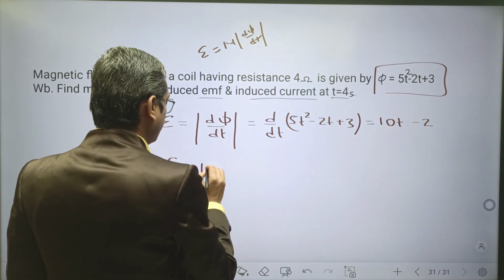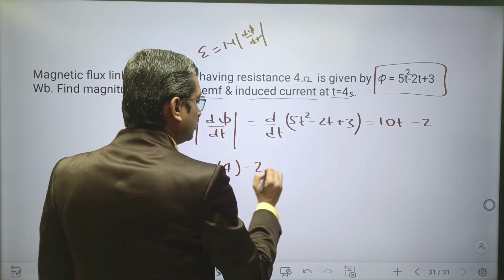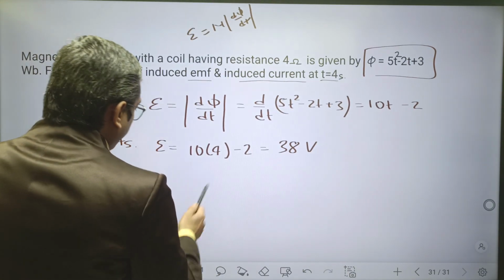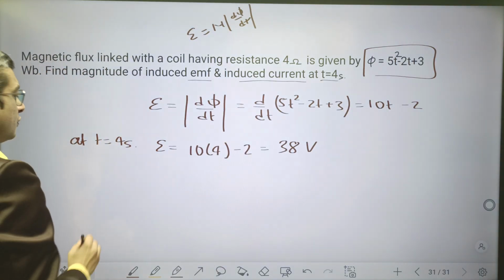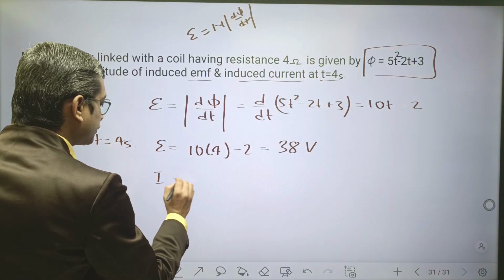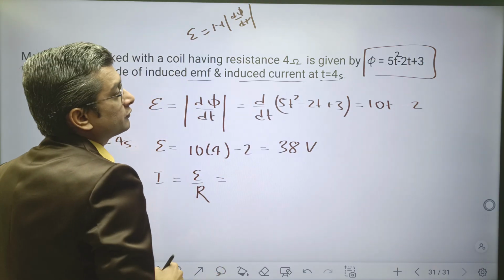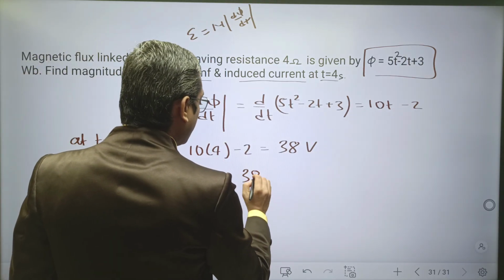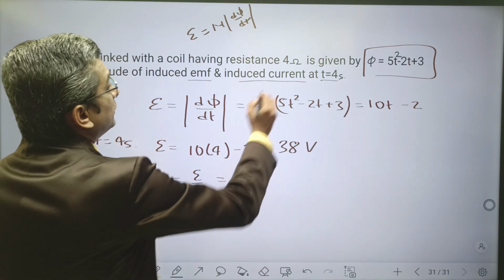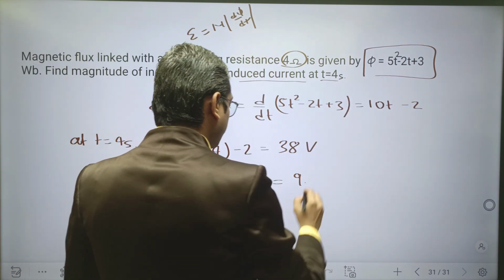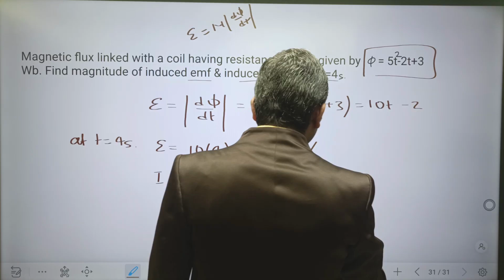So this will be 10 into 4 minus 2, that is equal to 38 volt, because we are finding EMF, it is expressed in volt. And what is current? Induced current is given by E by R, that is voltage by resistance, Ohm's law. So this will be 38 by resistance, which is given as 4 ohm, so this will be 9.5 ampere induced current.